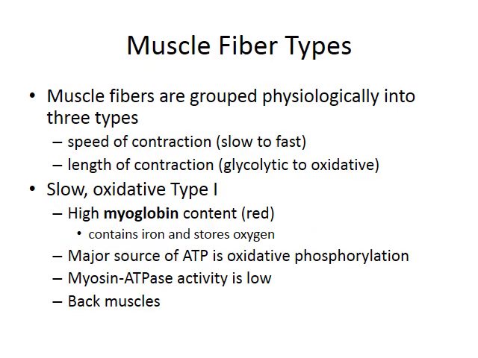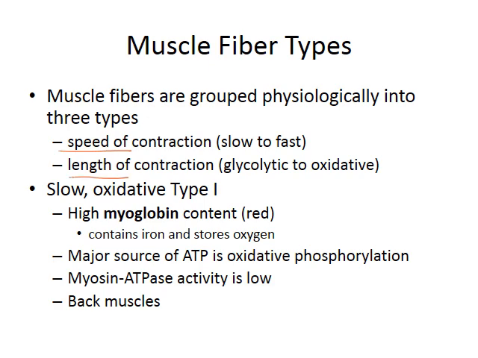So, now that we've gone through that, we're going to go through the types of muscle fibers that we'll see within skeletal muscle. There are 3 different types, and they're going to be named type 1, type 2A, and type 2B. They're going to be based on 2 key characterizations: the speed and the length of contraction.